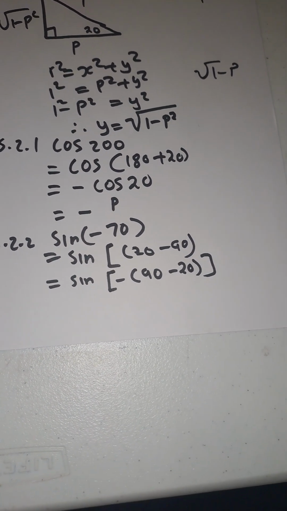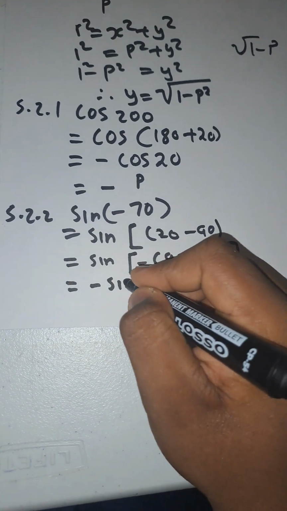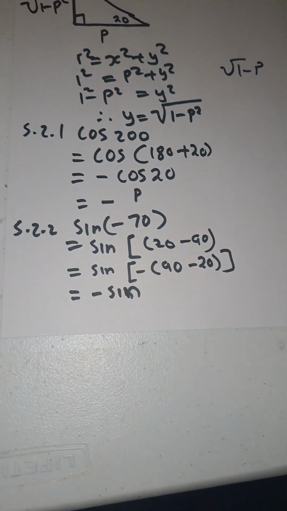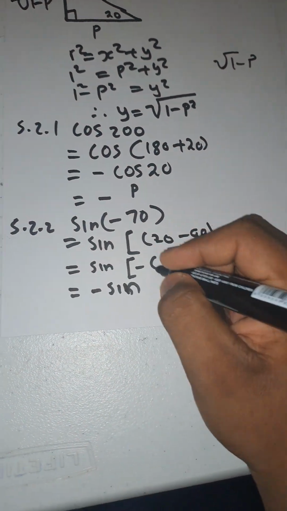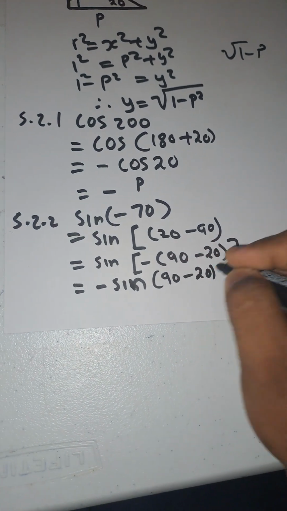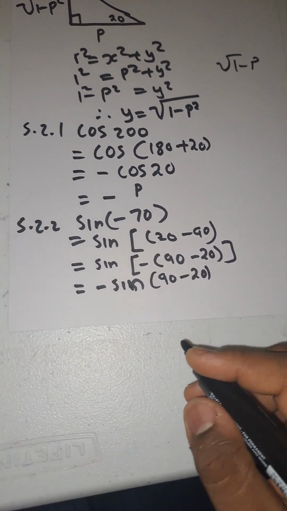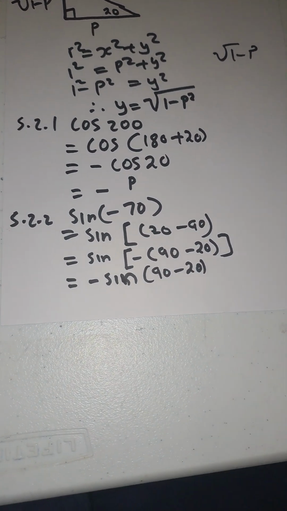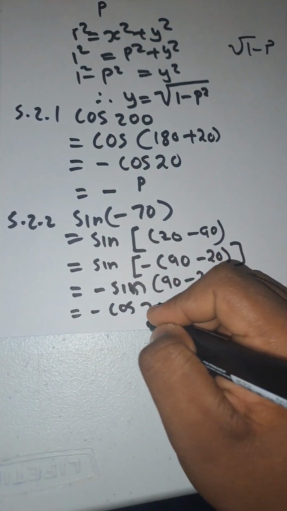The negative sign now comes outside: negative sine of 90 minus 20. Now since you have sine of 90 minus theta, when you convert it, it's going to be cos 20, right? So it's going to be minus cos 20, which is the same as minus p.